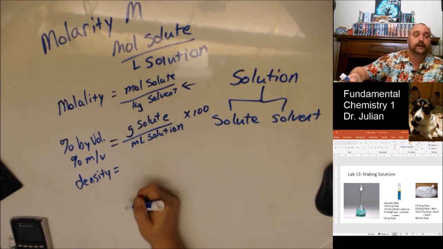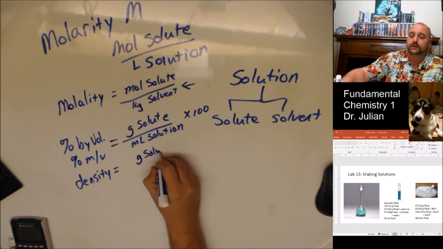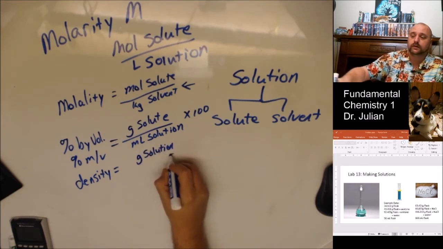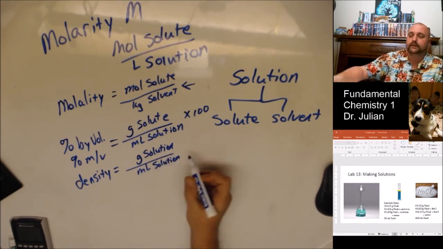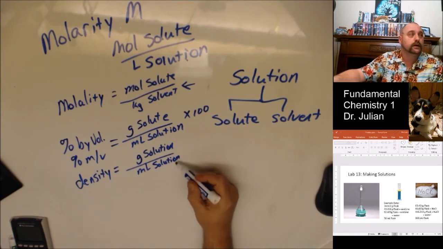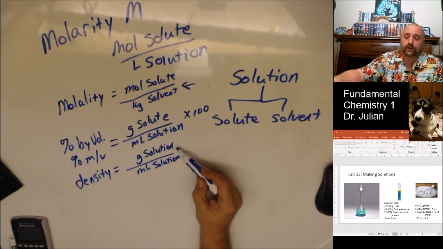You just ignore the fact that grams and milliliters don't cancel out. But density is going to be grams of solution over milliliters of solution. Grams of the total. And it doesn't have this times 100. So we said mass over volume, but it was mass of the whole thing.